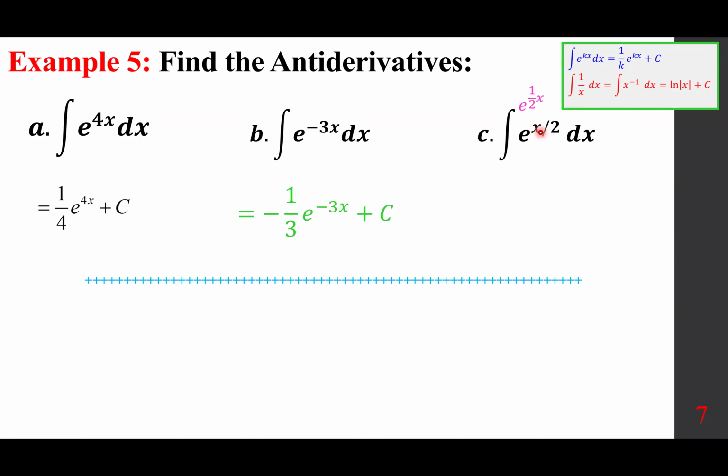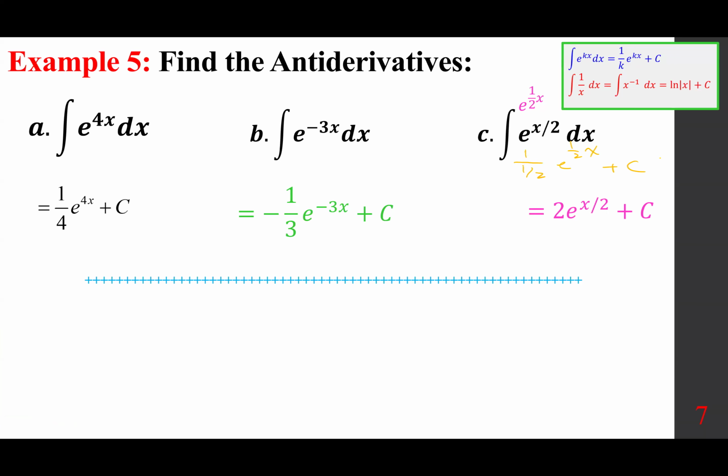So we know that the coefficient of x is 1/2. And according to this, we are going to write 1 over 1/2 e to the power 1/2 x and a constant. 1 over 1/2 is 2.